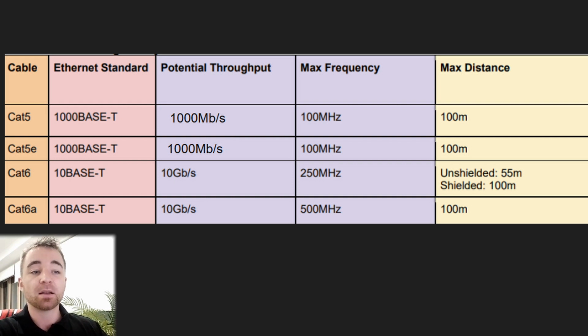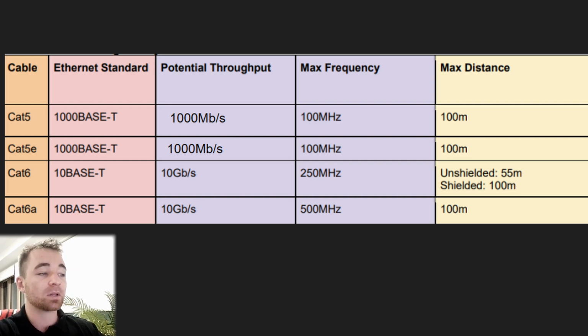So next up, Category 6 and Category 6A, okay? This is where we jump up an Ethernet standard. Both of these cables support the 10GBASE-T Ethernet standard, so that's important to know, okay? So 10 gigabit per second, 250 megahertz, and you'll need to know the distance, okay?